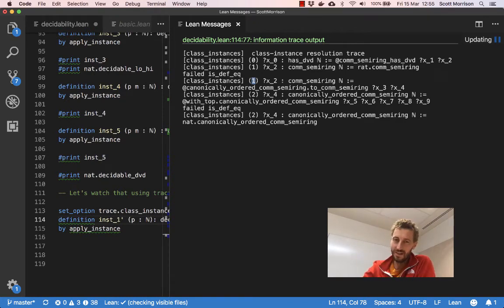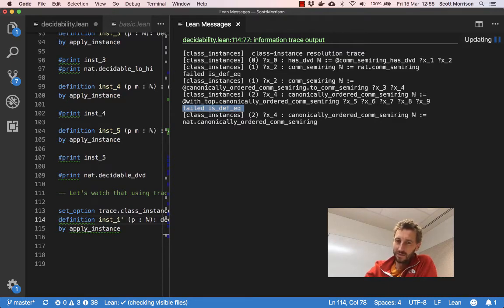Sure, seems reasonable. Now we're one level deeper in the type class search, and it says my job is to find an instance of canonically ordered commutative semiring on the natural numbers. It says, one way to do this is this crazy thing with top. Who knows what that is? But it can prove that branch of the search won't give it what it's after.